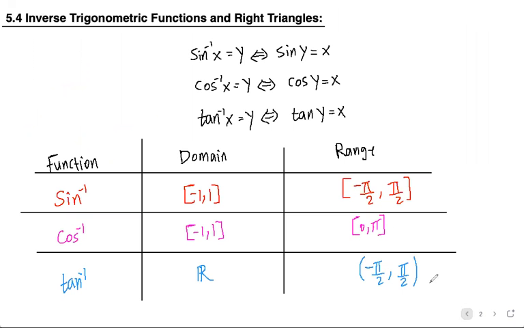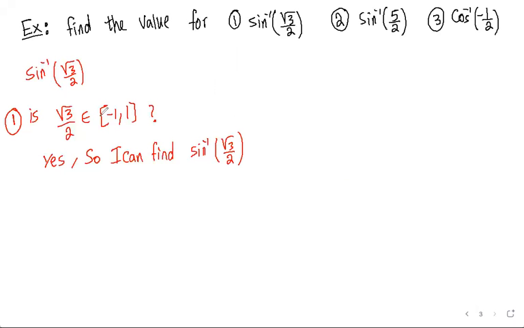Now, second step, I have to apply this property: sine inverse of x equal y means sine of y equal x. So sine inverse of square root of 3 over 2 is equal to y, and my goal right now is to find the value of y.